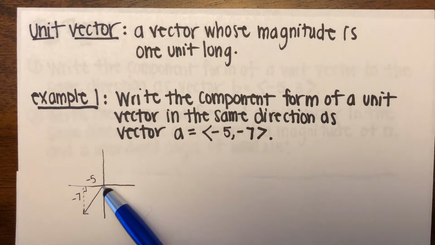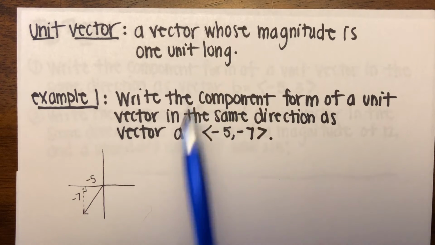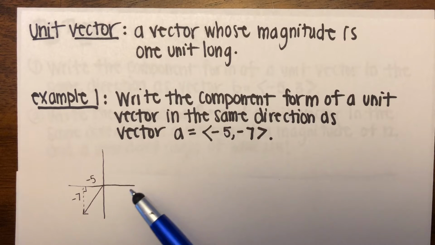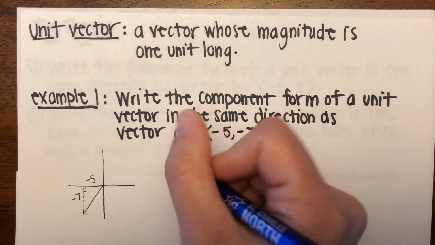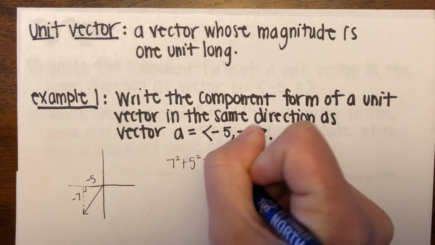If we want this hypotenuse or this magnitude of this vector to be 1 unit long, because that's what a unit vector is, let's figure out what it is right now and then we can resize it. Let's do the Pythagorean theorem to figure out what the hypotenuse of this right triangle is. 7 squared plus 5 squared equals c squared.